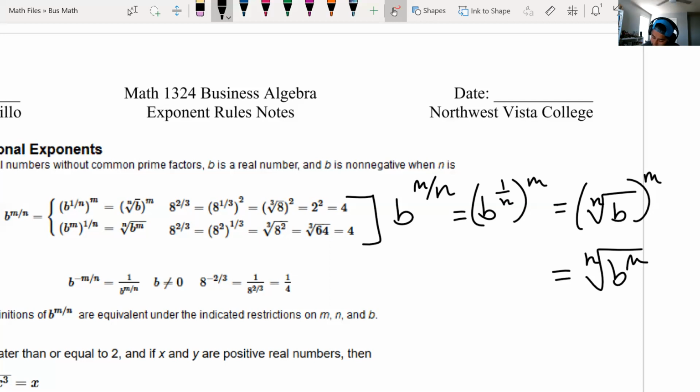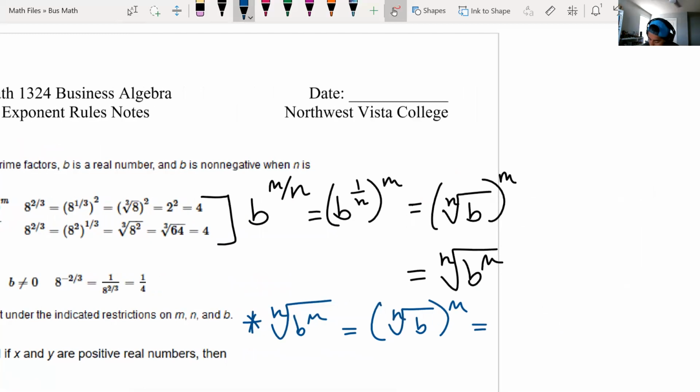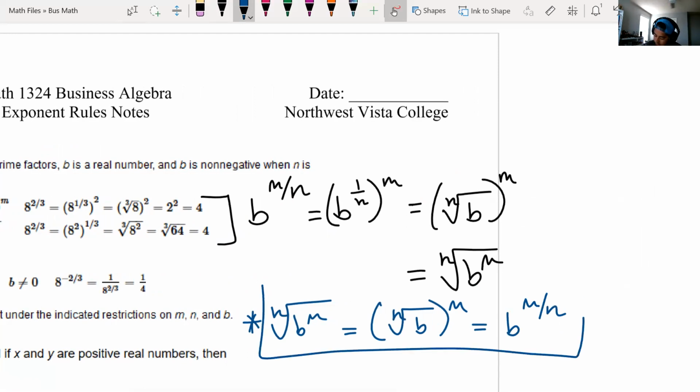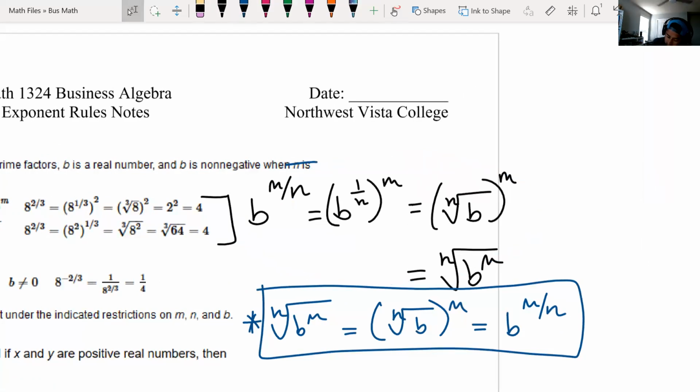Okay, yes. So let's do this a little better. So there's not so many things you have to look at. So I'll put a star next to this. If you're ever given the nth root of b to the m, then you can rewrite this as the nth root of b to the m, which means that you can have one final rewrite as b to the m over n. So I would just focus on this one instead of all those confusing ones. Okay.